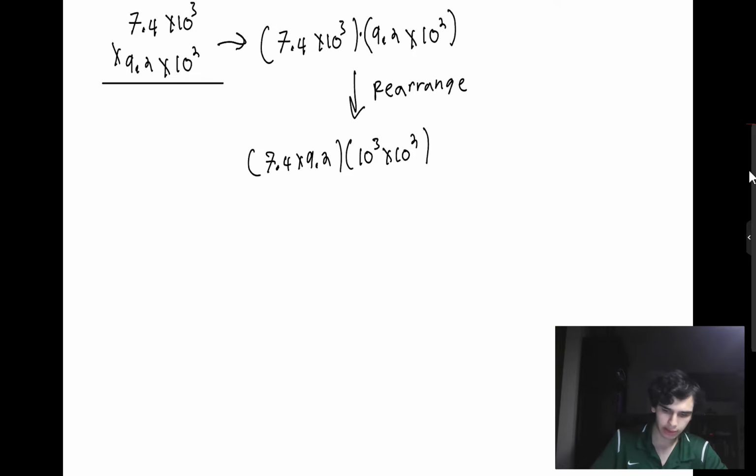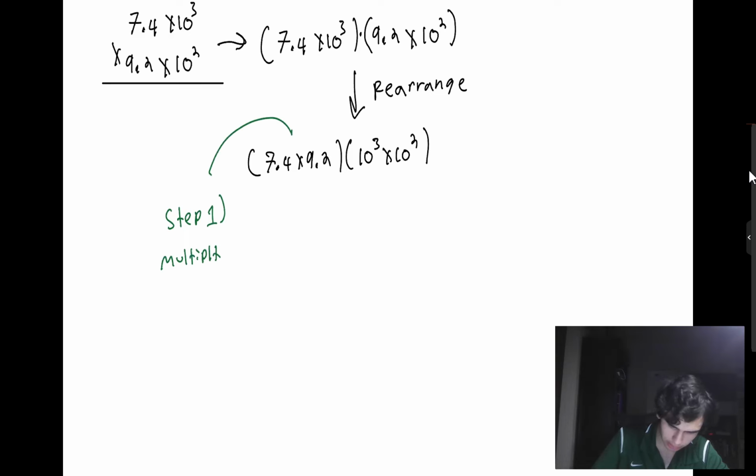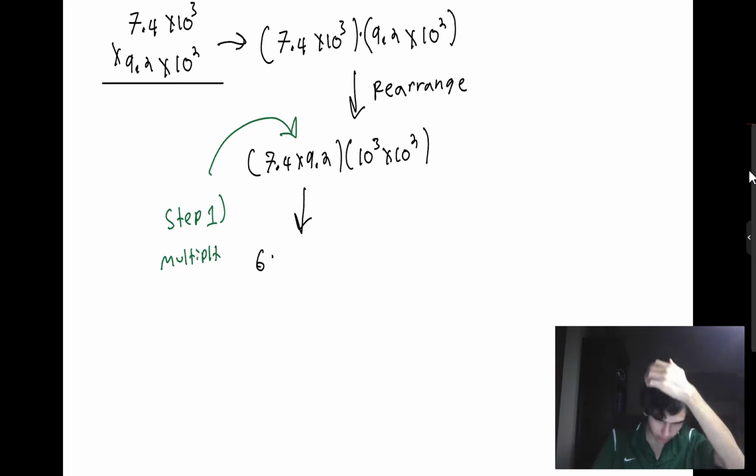Once you have it like this, the first step is to multiply these two numbers. If you do that, you're going to get 69.56.